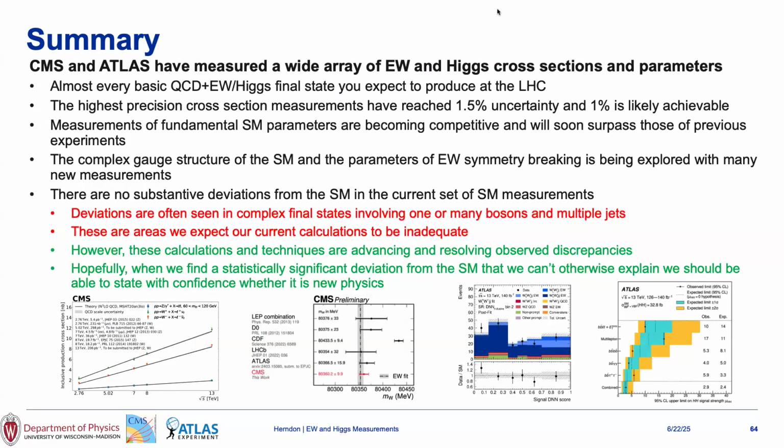All right, so, summary. Something that you may have noticed along the way here is that basically every final state that you expect to see at the LHC, up to 2 or 3 heavy particles, standard model but also standard model plus QCD, because we have a lot of these measurements with jets as well, we've made measurements of that.